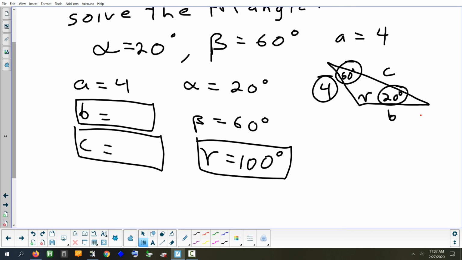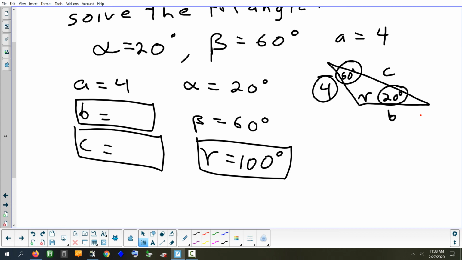Well, with the problems we're doing this week, you can't always avoid that. You're going to have to use gamma to find C. So if you got gamma wrong, then C is wrong too. There's no way around it. But if you get gamma wrong, you could still get B right. Gamma has nothing to do with B, which is why I said you could have found B first. But it's going to take a little longer than gamma.